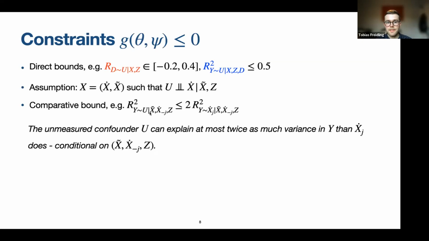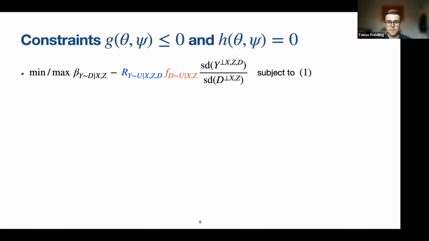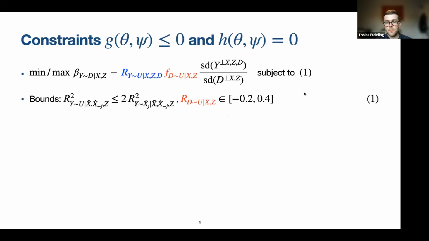Okay, so now let's take this constraint here and this constraint here and solve our optimization problem. So for our model here, the optimization problem looks like this, and we optimize it subject to these bounds that we found on the first slide.